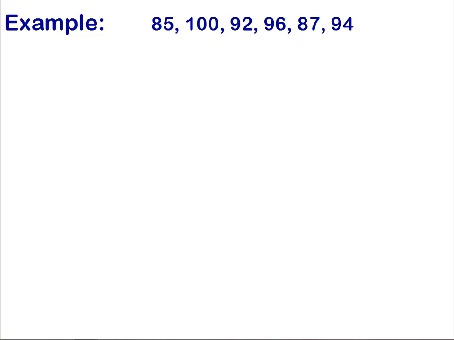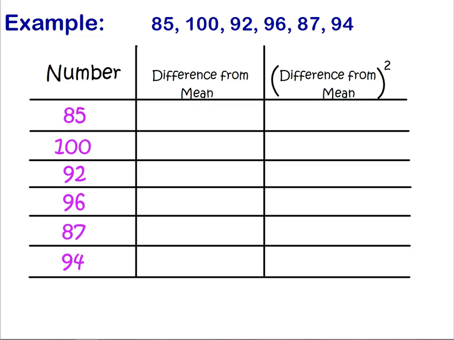So going through that process one more time, let's find the standard deviation for this list of numbers. I make my list of numbers and I want to find their average, or their mean. I get 92.3. Next, I need to list how far away each number is from my mean.